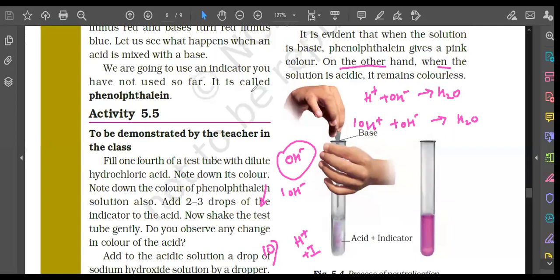So we are left with 9 H plus. If you have 10 H plus and you add one OH minus, we know that H plus and OH minus will combine to form H2O. This reaction is called a neutralization reaction.